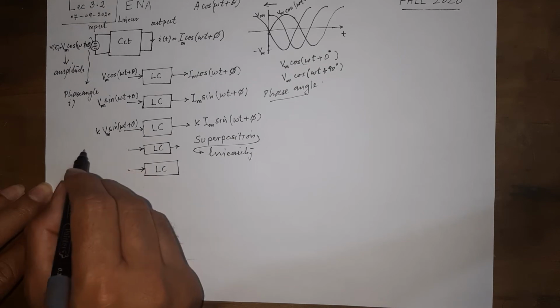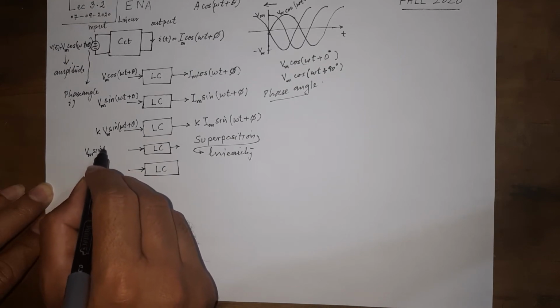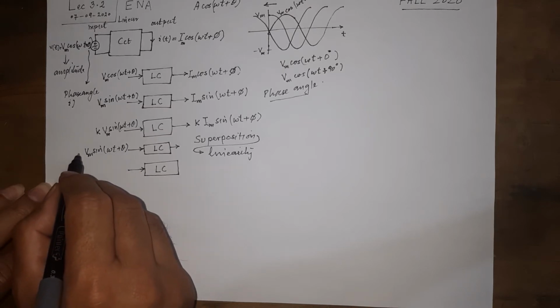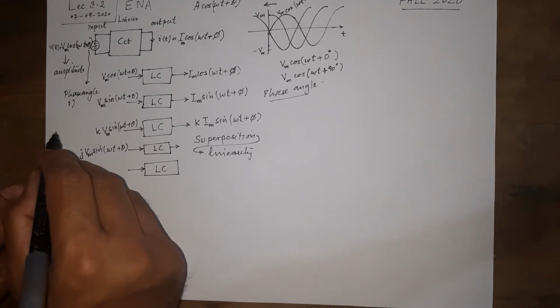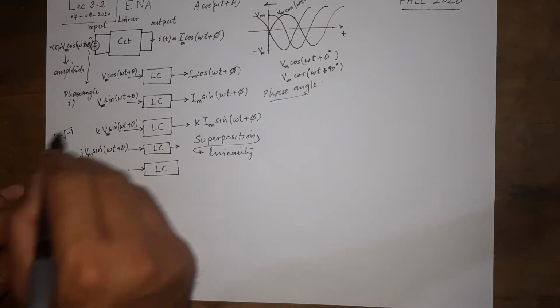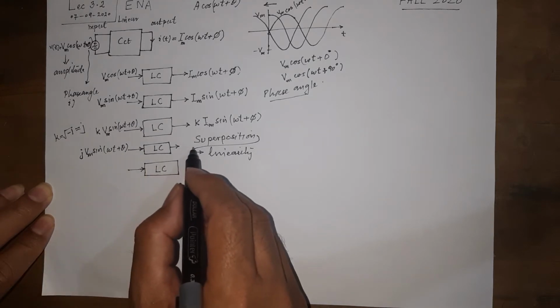If I multiply this Vm sine of omega t plus theta not with k but with iota, iota is a constant, so k here is the square root of -1, which is iota. So what will be the output?